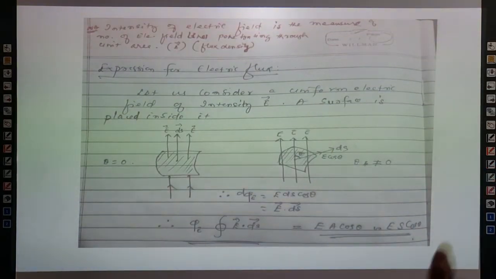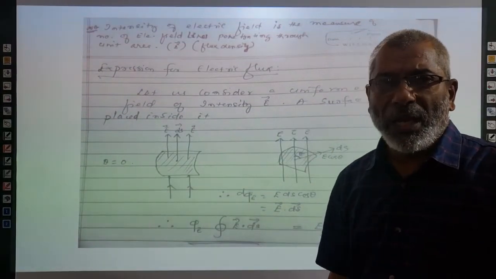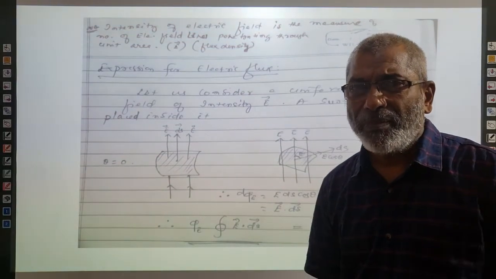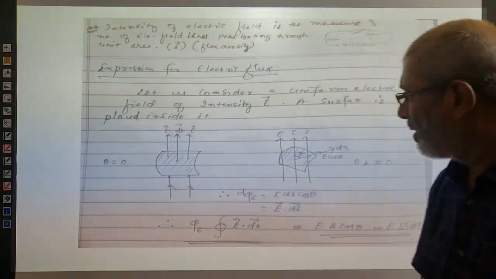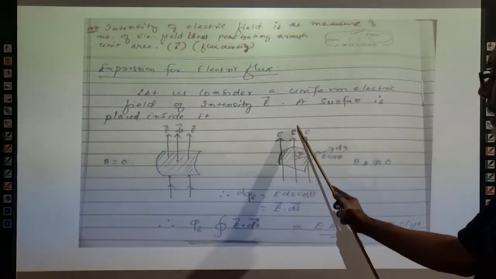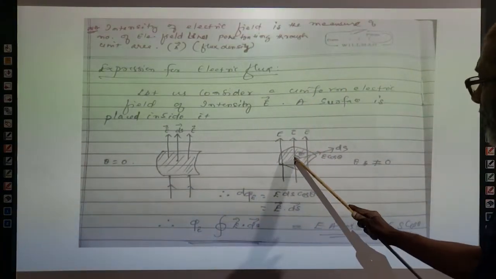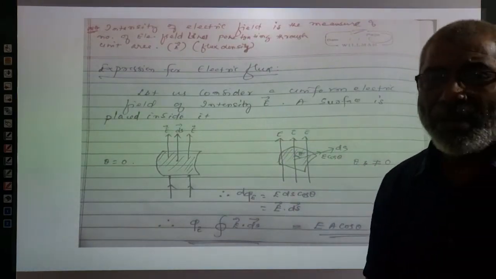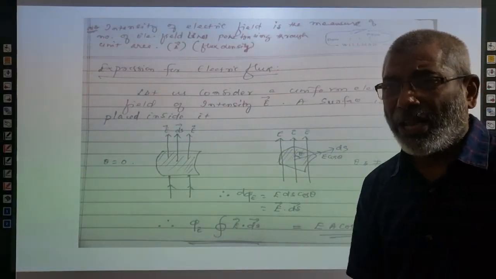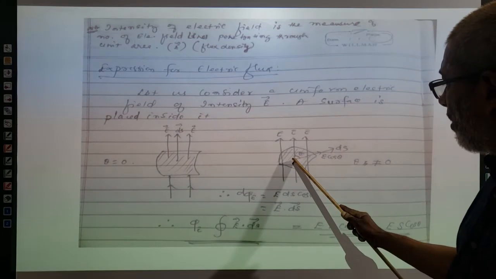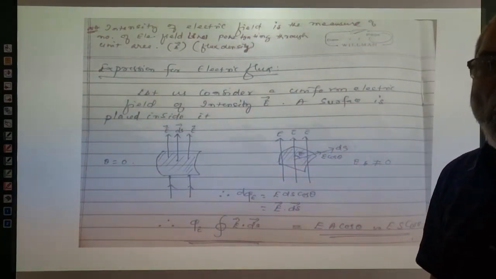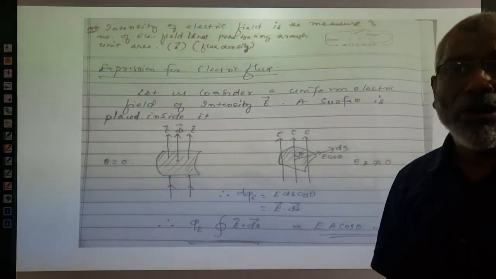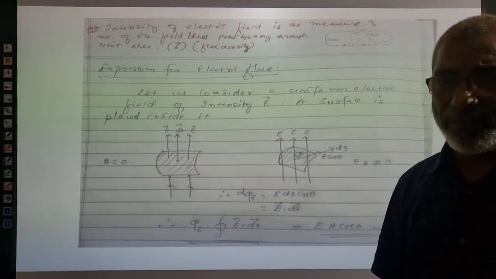Electric field is a vector quantity. Everybody knows electric field is a vector quantity. Any vector quantity can be resolved into two components. In this case, as the electric field is acting in this direction and the ds is along this direction, we have to understand what is the electric field intensity in the direction of ds. ds means normal placed on the surface, or along the surface vector.